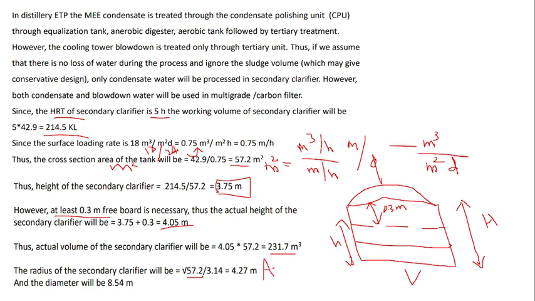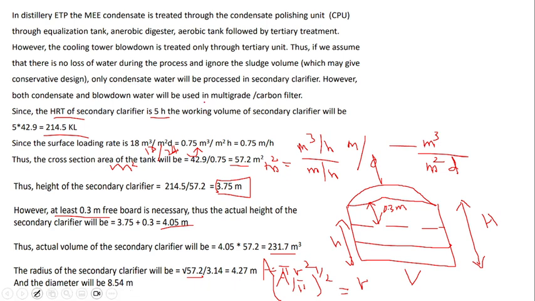So A is equal to pi r square. We know that area is equal to 57.2 and pi is 3.4. To find the r value, take the square root of A by pi. Then we will obtain the radius. So the radius is 4.72. To find the diameter, just multiply it by 2. So 4.7227 into 2 is 8.54 meter.